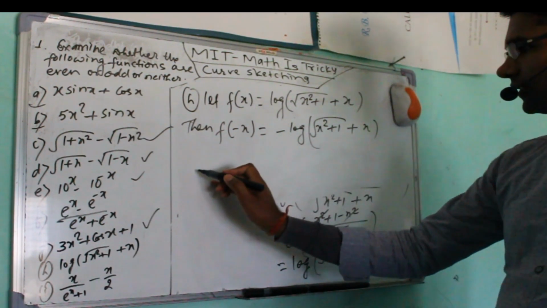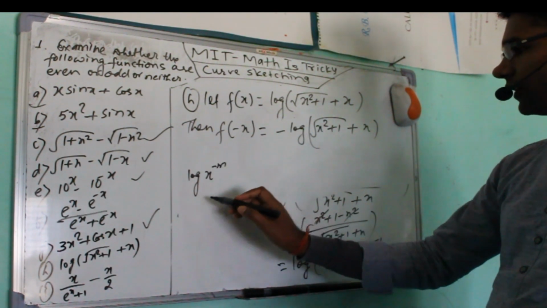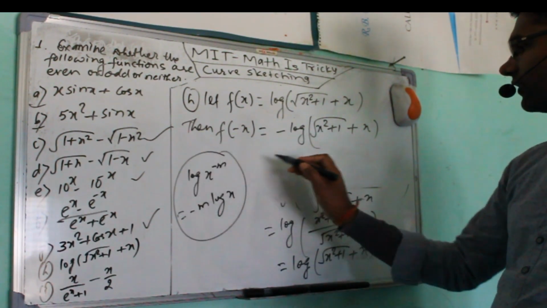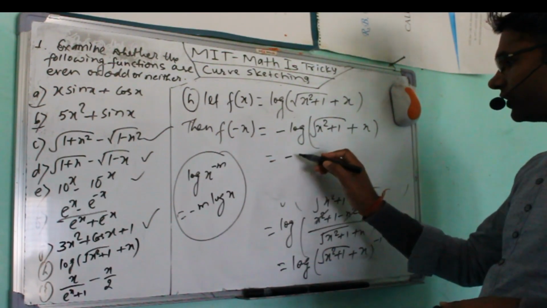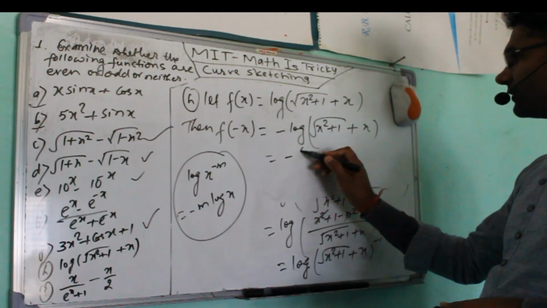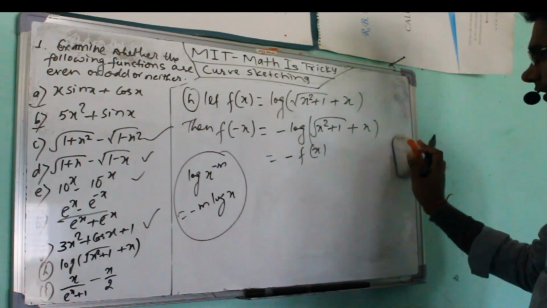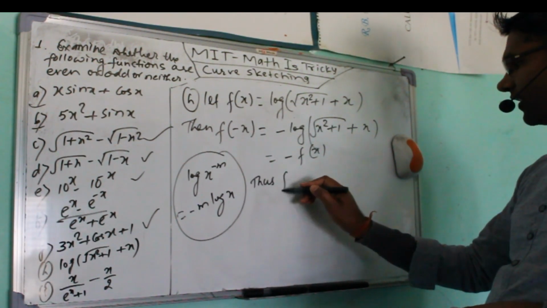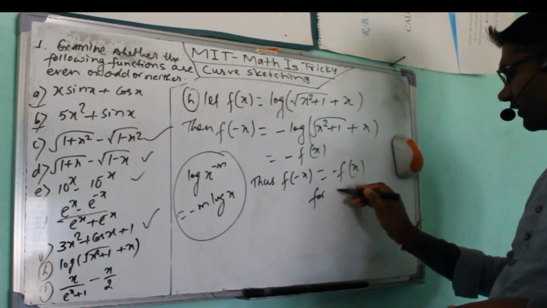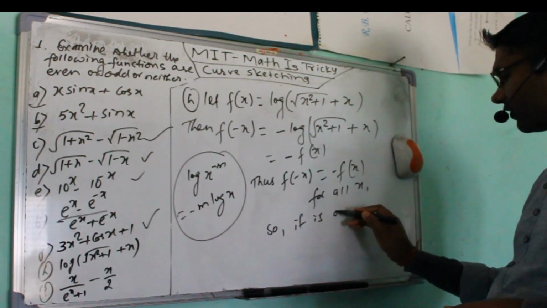I've just used the formula log xᵐ equals m log x, a property of log, so it will be minus log of (√(x²+1) + x), which is simply f(x). So what we are getting here is f(−x) equals −f(x) for all x, so it is an odd function.